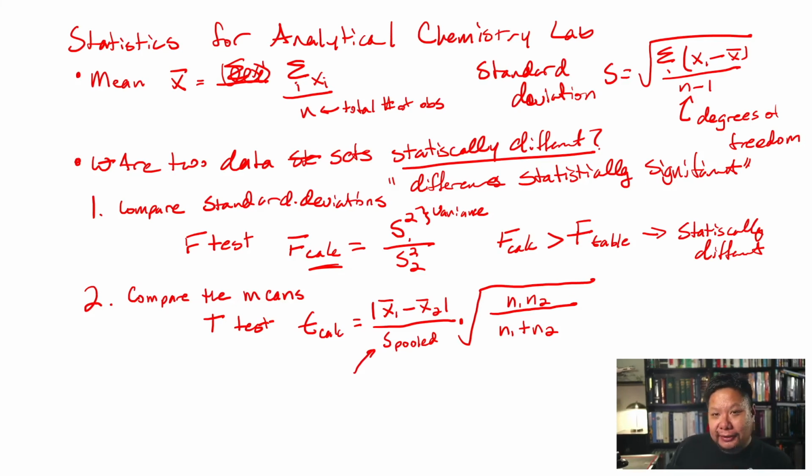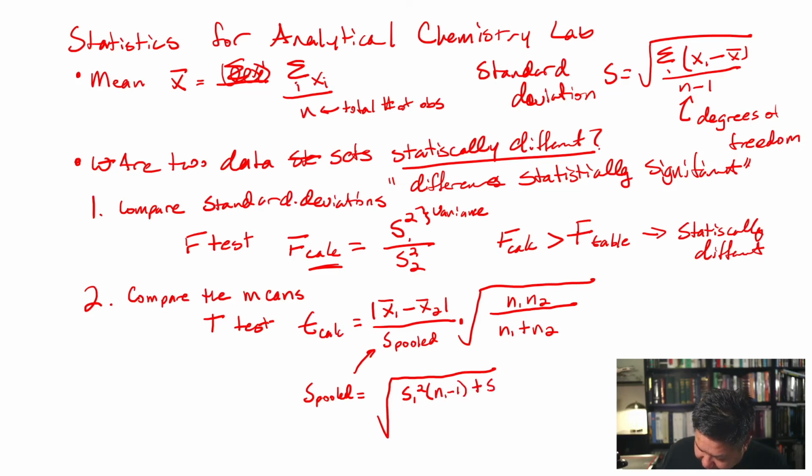Well, S pooled has an equation, and its equation is this. S pooled equals the square root of all the stuff here, which is the standard deviation of the first data set squared, multiplied by the degrees of freedom of the first data set, plus the standard deviation squared of the second data set, multiplied by its degrees of freedom, right?